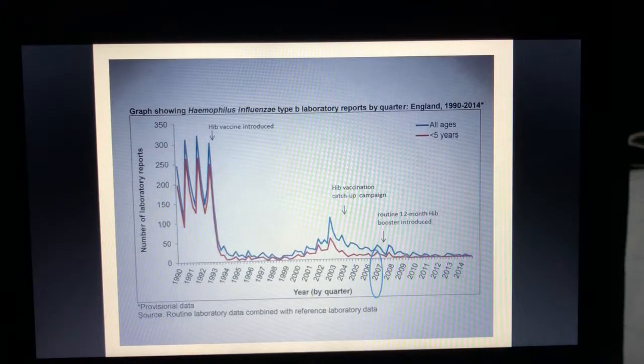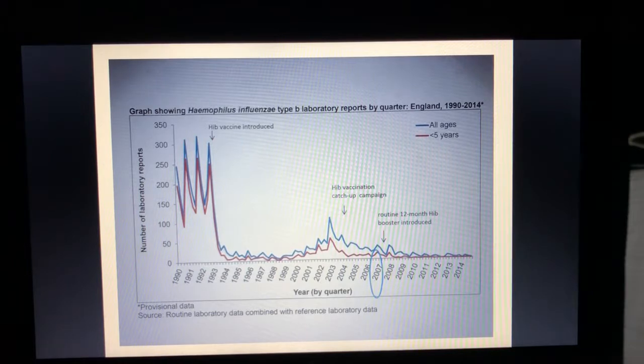It is very much the same when we look at Haemophilus. And this is perhaps the biggest success story with Hib vaccine. And you can see in this graph this dramatic and sustained fall, really, all the way from about 2009 onwards.